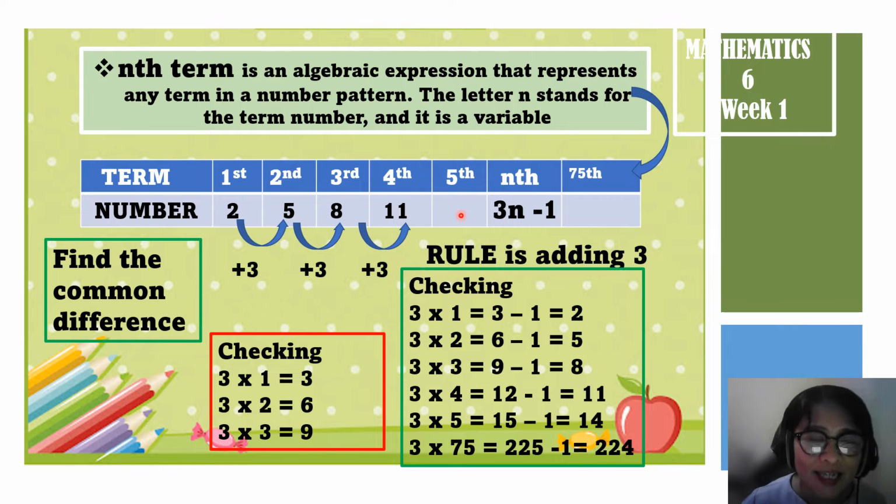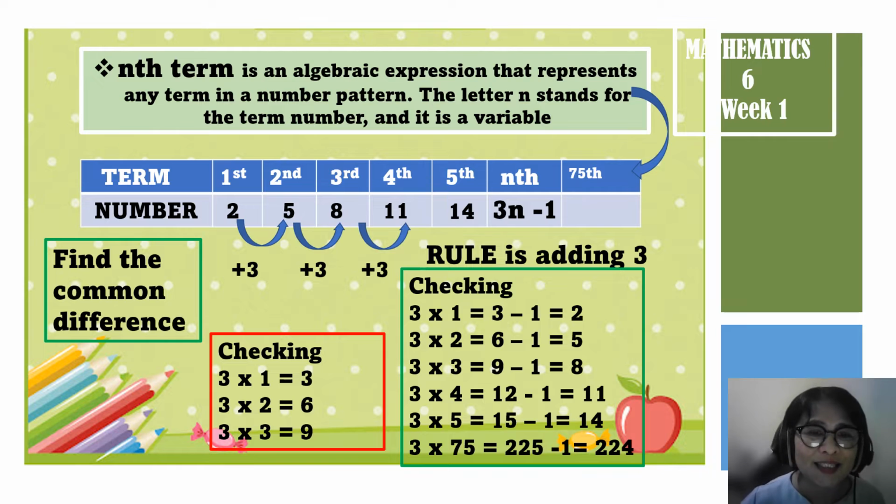Ngayon, pwede na natin hanapin ang pang fifth term gamit ang ating rule na 3n minus 1. Substitute lang natin. Ang ating rule ay 3 times pang ilang term yung hahanapin natin, pang 5. So, 3 times 5 is equals to 15, minus 1. So, ang sagot natin sa pang 5th term ay 14.